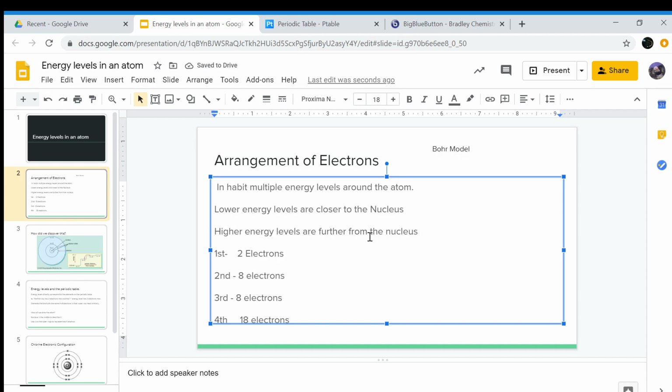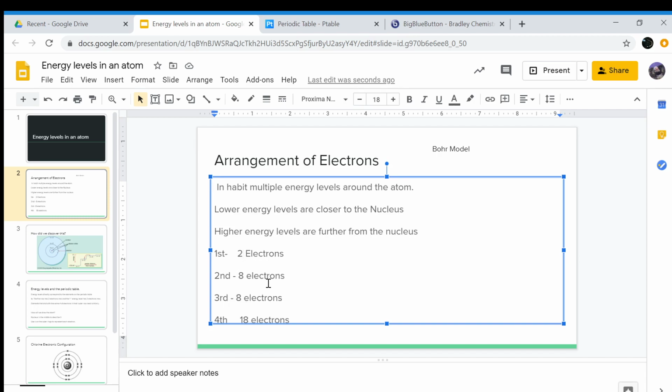Higher energy levels are further from the nucleus of the atom. And we're going to have a couple of different energy levels for us to take a look at. The first energy level is going to have 2 electrons. The second energy level is going to have 8 electrons.